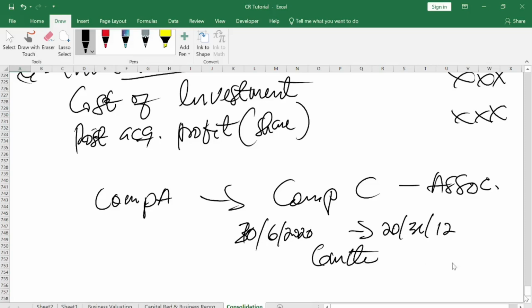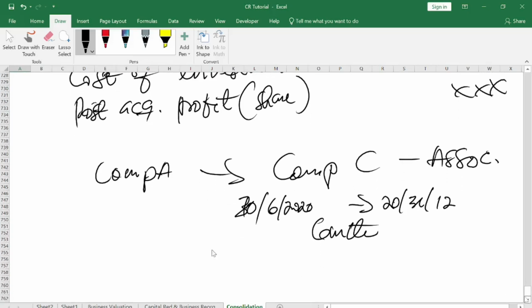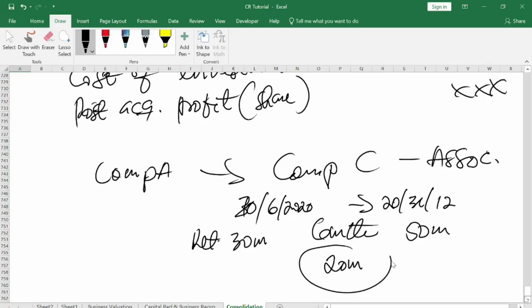Do you understand? Good. When they acquired the company, the retained earnings was 30 million. But at the end of the accounting year, the retained earnings has moved to 50 million. The difference is 20 million. So they will share this 20 million among themselves, because it's a profit that has come.